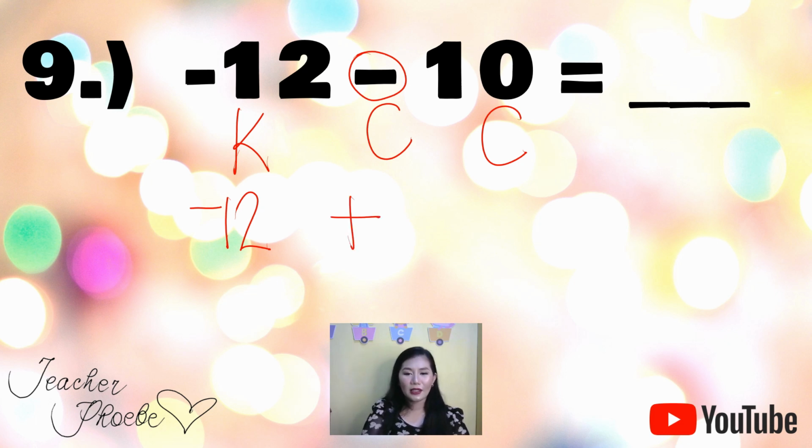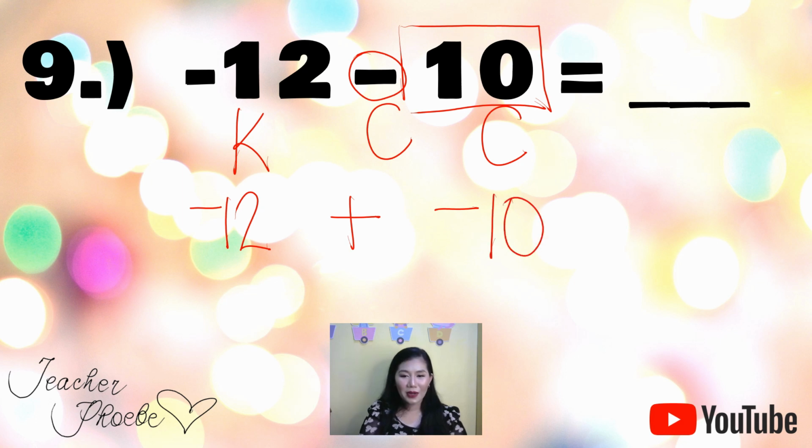And then, try to look at your 10 here. 10 here is positive. So, pag change natin siya, magiging siyang negative 10. Okay? So, yan na. Do not forget again, na kapag negative yung kasunod na integer, there must be always a parenthesis. Then, solve.